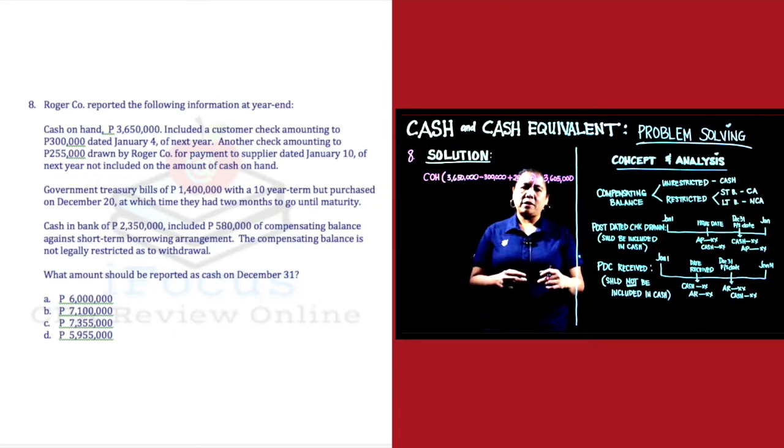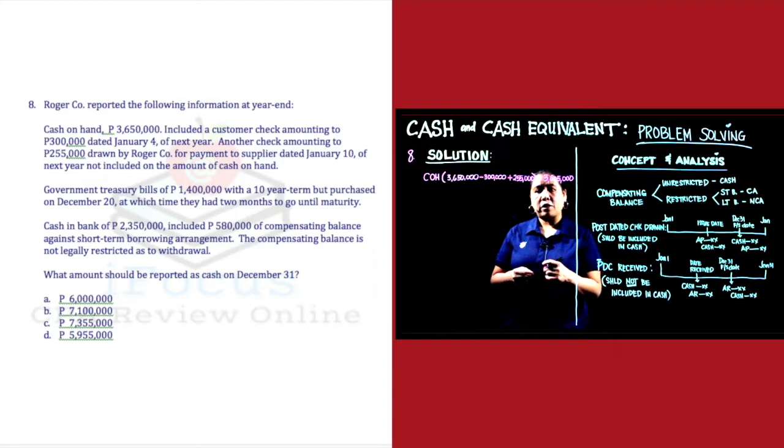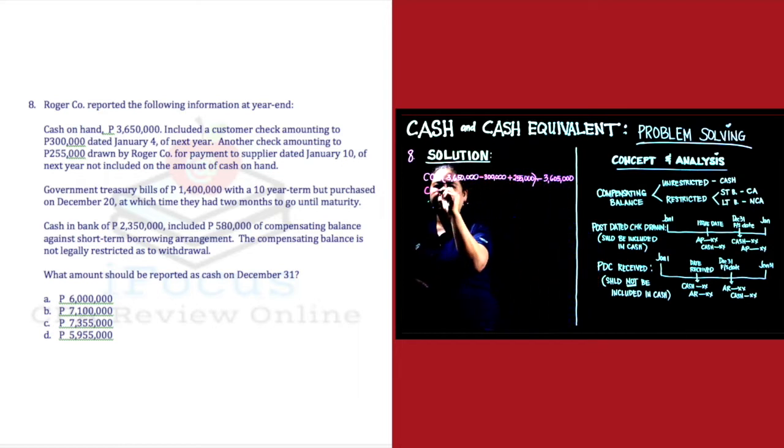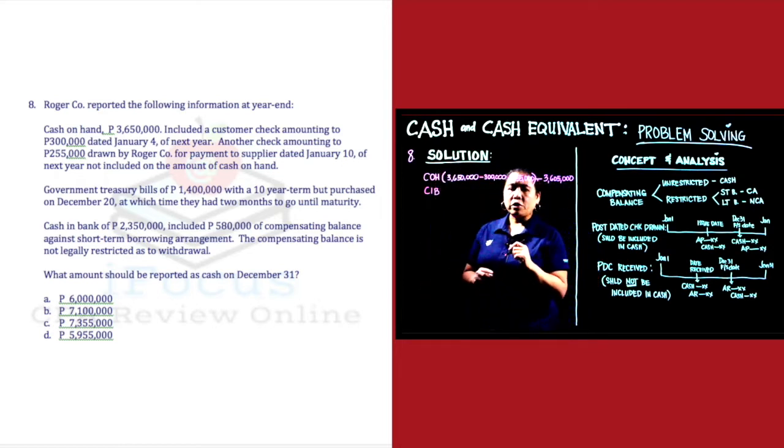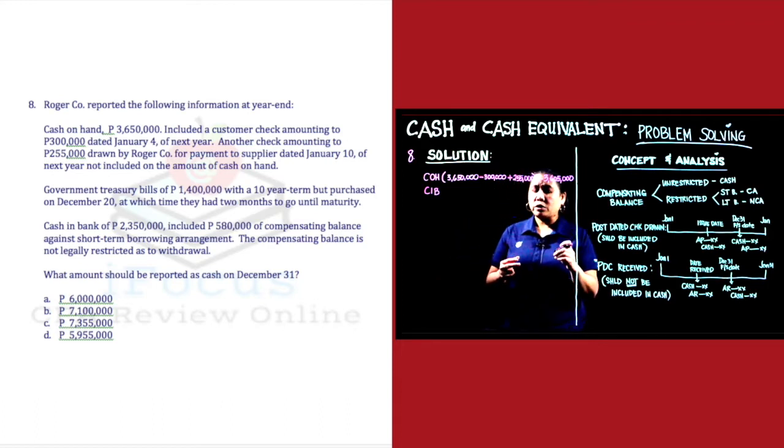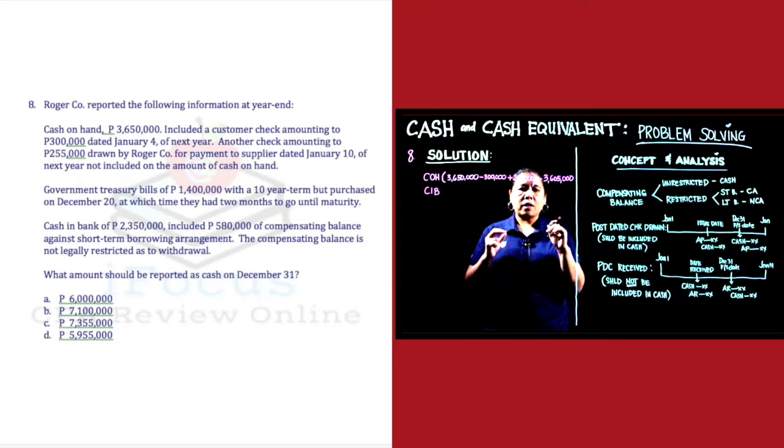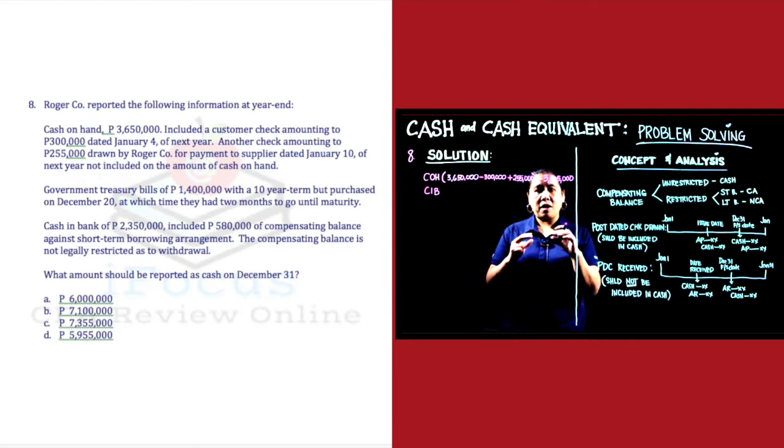And another item is cash in bank of 2,350,000. Syempre yan, kasama sa ating cash. Alright, 2,350,000. Included 580,000 of compensating balance against short-term borrowing arrangement. The compensating balance is not legally restricted as to withdrawal.